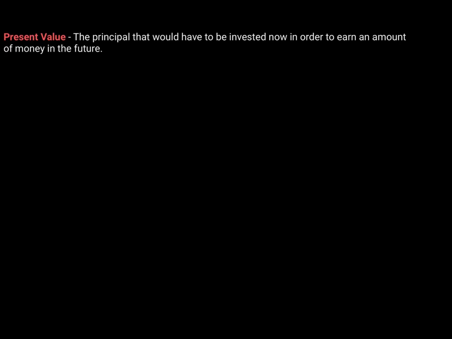And what we can do is, our formula for compound interest, if we solve that for P, then we have a brand new formula for present value. So you would just divide both sides by this number here, 1 plus r over n to the power of nt.